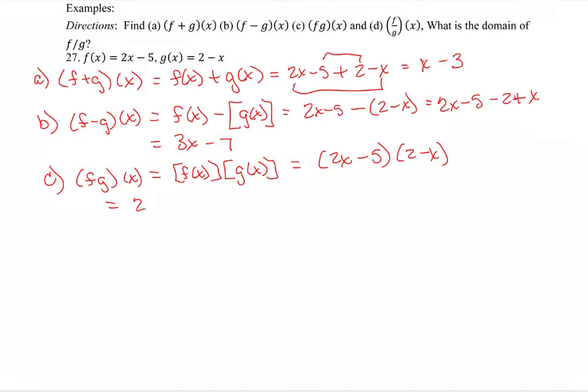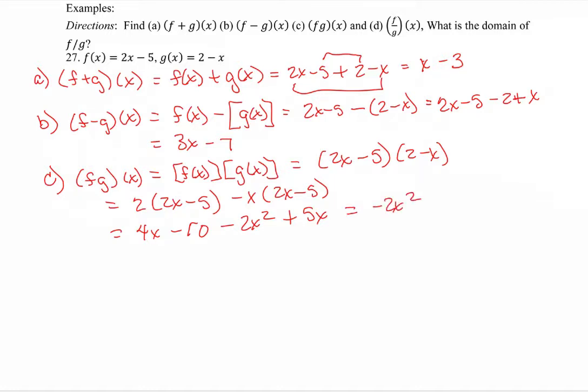So that's 2 times 2x minus 5 minus x times 2x minus 5. So that's 4x minus 10 minus 2x squared plus 5x, which gives us minus 2x squared plus 9x minus 10.